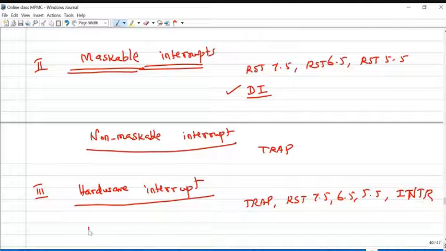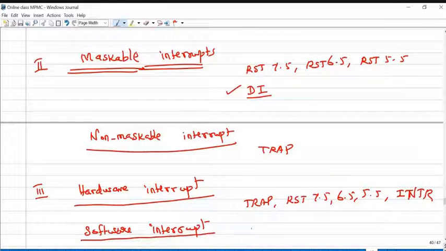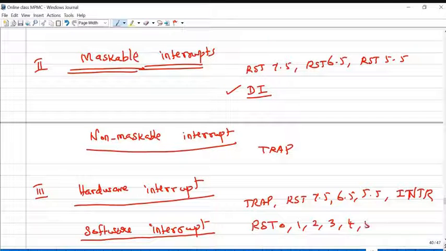These are all hardware interrupts. Software interrupts are RSTN. In general, it is RST 0, 1, 2, 3, 4, 5, 6, and 7. These are all software interrupts.